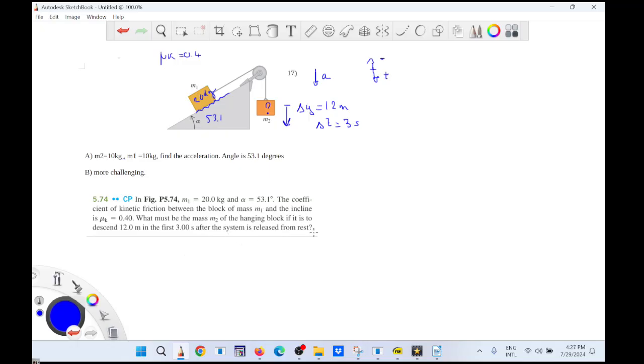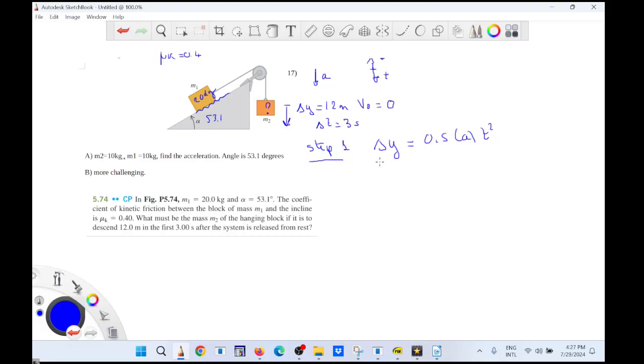So step one, we need to find the acceleration using kinematics. Initial speed is 0, so we can use the first equation of kinematics: displacement equals 0.5 times the acceleration times t squared.